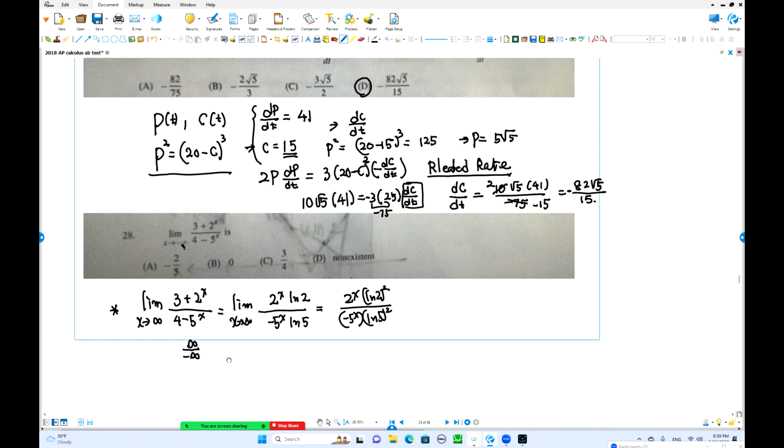But still I keep going one more time. Still 2 to the x times ln 2 squared, and negative 5 to the x times ln 5 squared. It is getting increased, but this is not positive infinite, right? So we cannot find it this way.